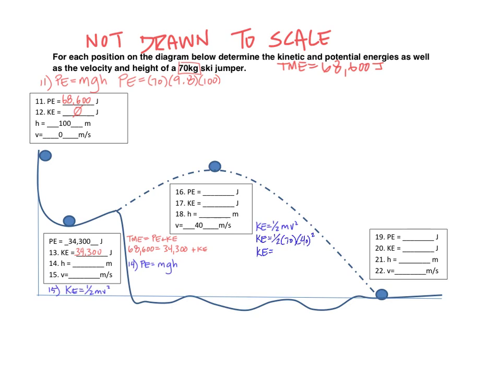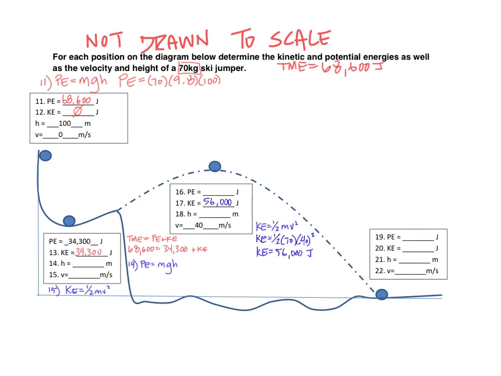All right, so hopefully by now you've calculated on your own instead of waiting for me to give you the answer. When you calculate 40 squared times 70 times 1/2, you should get a kinetic energy of 56,000. So my kinetic energy is 56,000 joules.